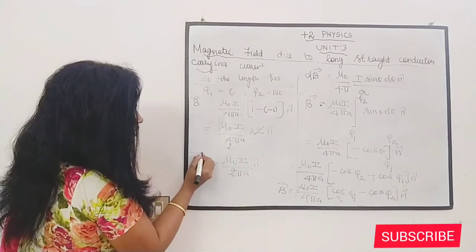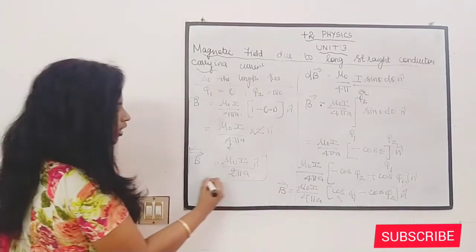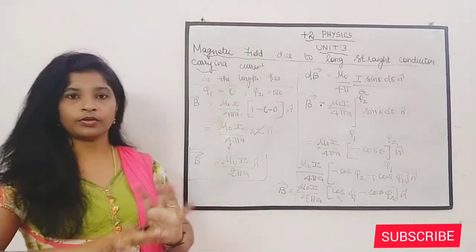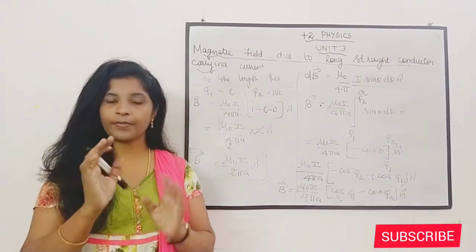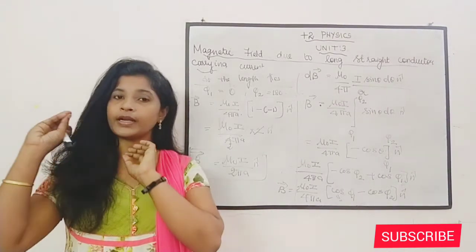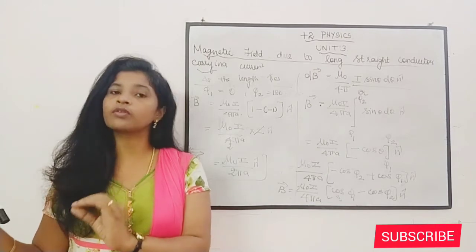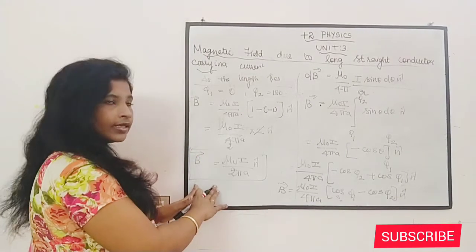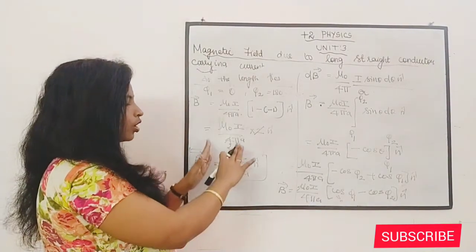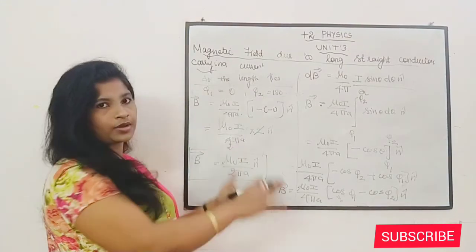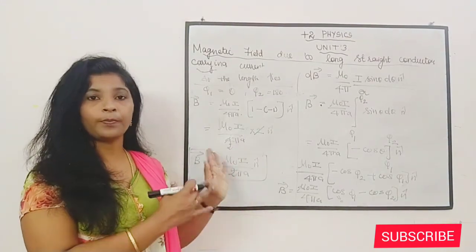So this is the magnetic field produced by a conductor. When a current is passed through the conductor, a magnetic field is produced. So at a particular point P, the magnetic field is nothing but mu naught I by 2 pi a into n cap. This is according to the Biot-Savart law.